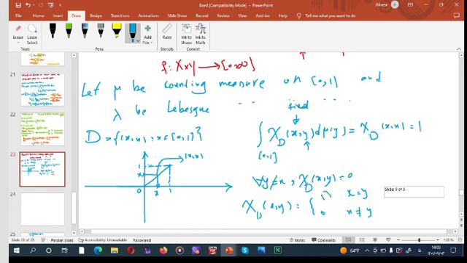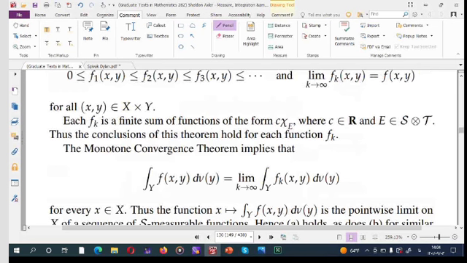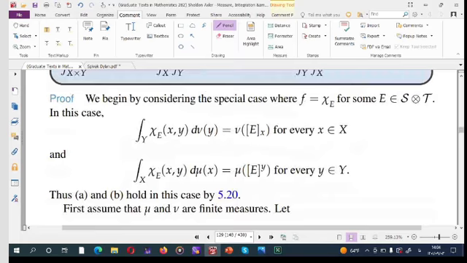The Lebesgue integral of this function equals 0, so this internal integral equals 0, and this integral must be equal to 0 too. So we see that these two integrals are not equal, and we don't have the Fubini theorem. These two integrals are different.